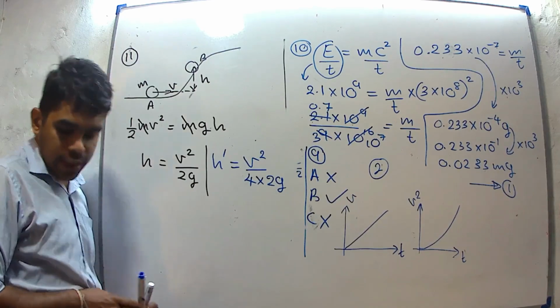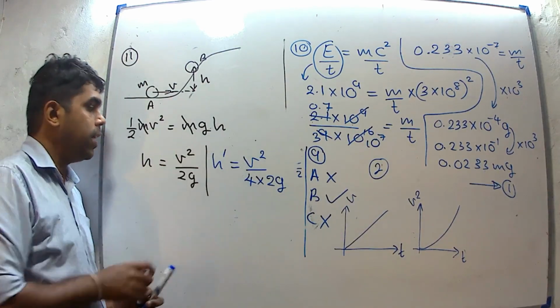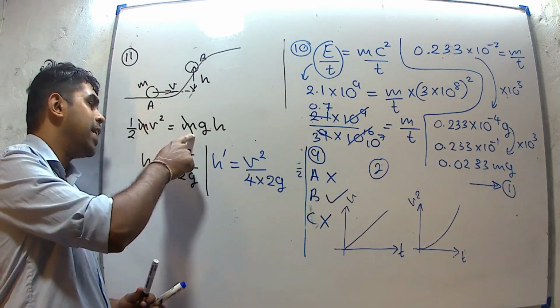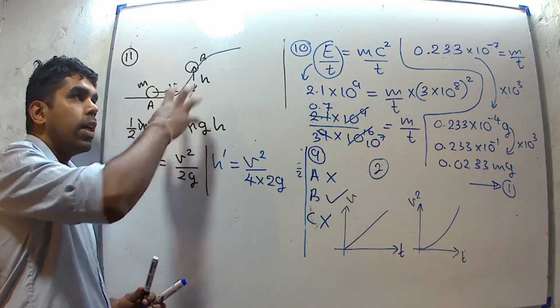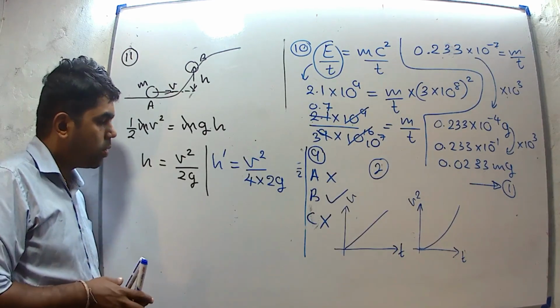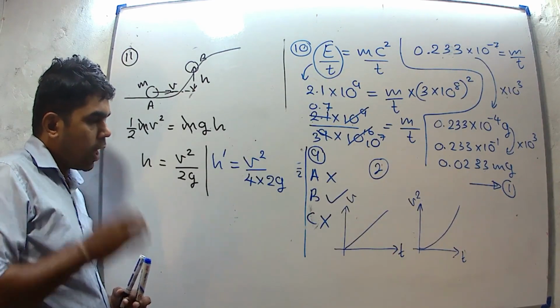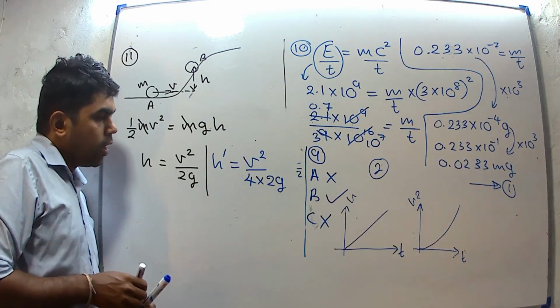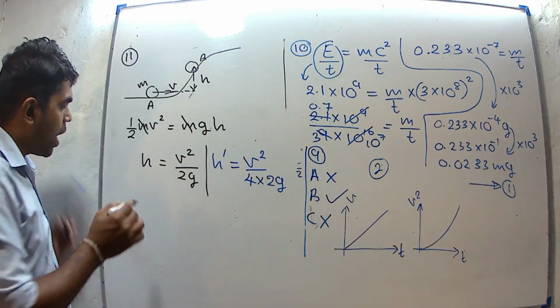There is a difference between the velocities. Mass is cancelling out. Therefore, the maximum height reached by the object does not depend on the mass of the object. Now we can divide the second equation by the first equation.